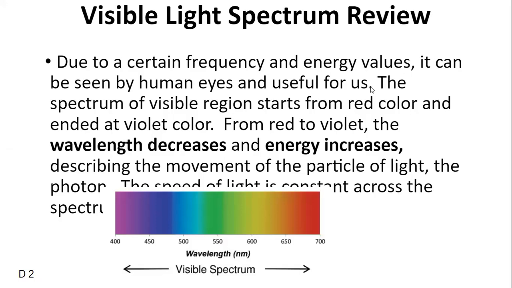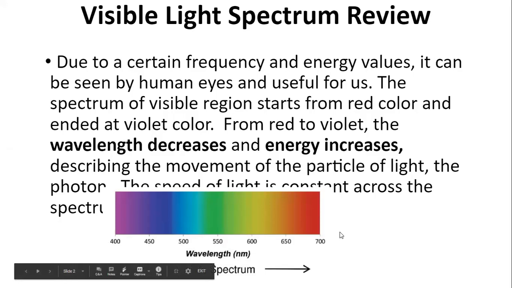So just as a little recap of visible light, we know that all light and all color has a specific wavelength and frequency, and that is what defines whether something is violet or red. And here we can see what those numerical values are of each of those colors.